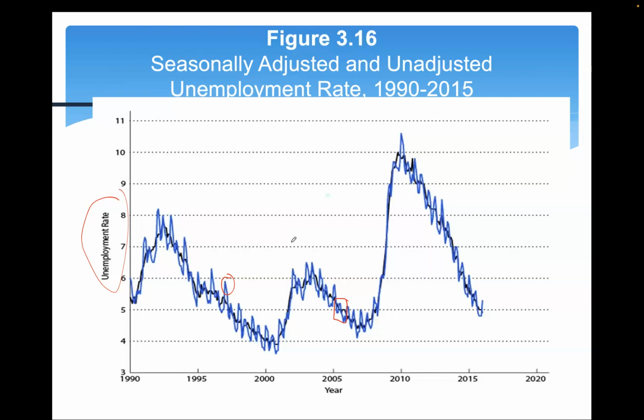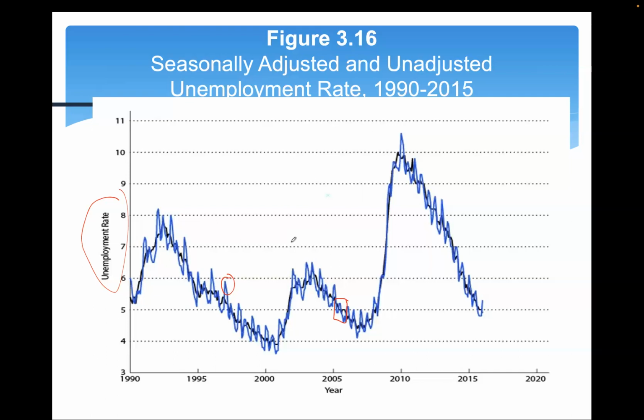The other aspect is that toward the end of the year, it's holiday season. So we should expect unemployment to fall. Why? During the holiday season, shopping is going to rise. Everyone is preparing gifts for their family or friends. But after the holiday, retail usually falls, and then unemployment is going to rise. Those are just two examples.